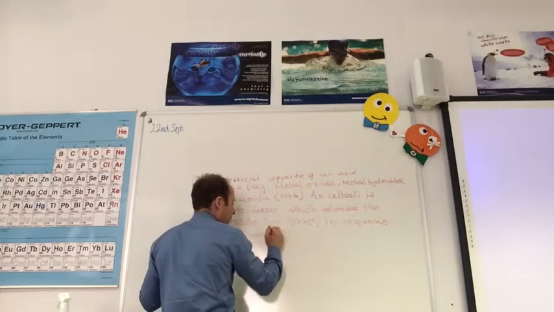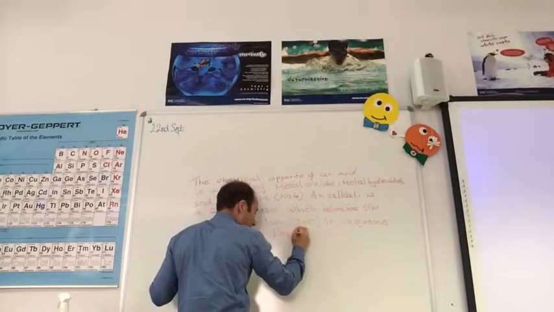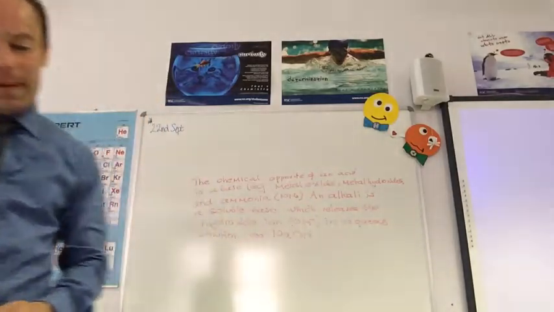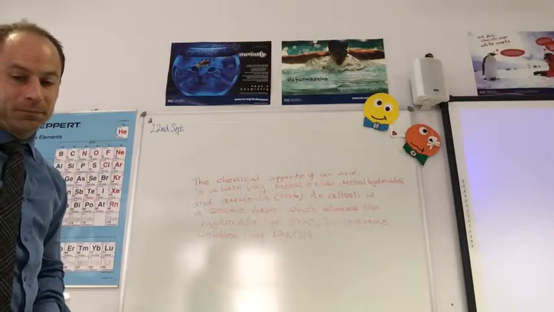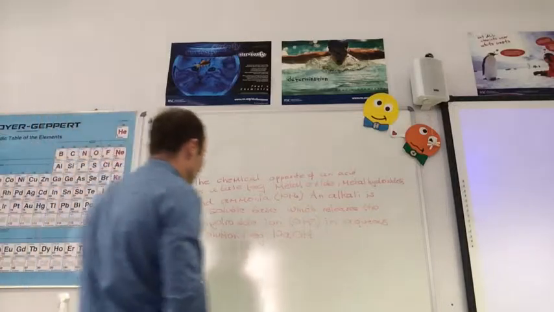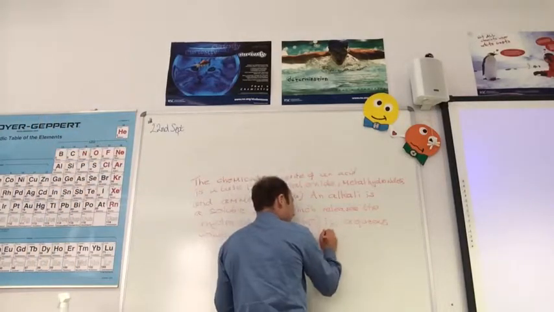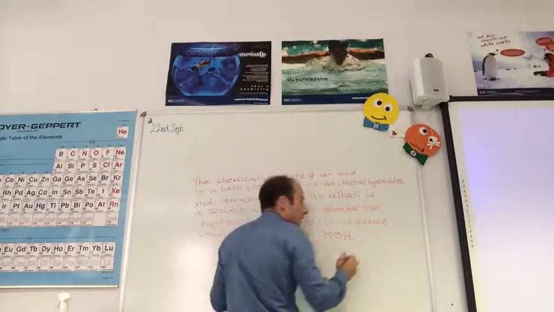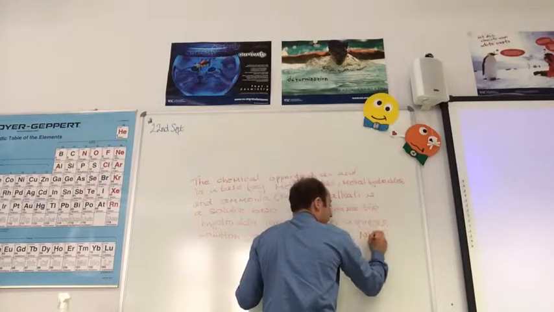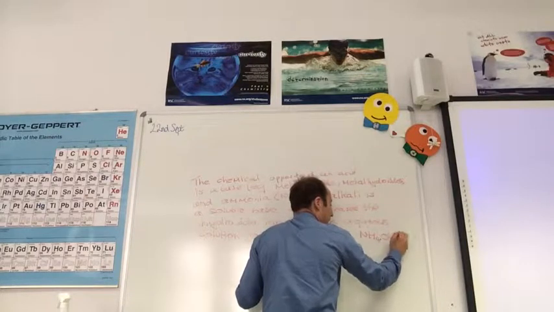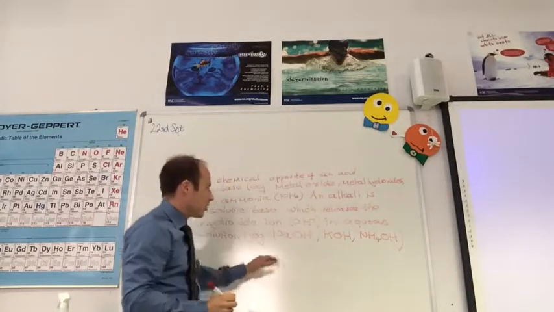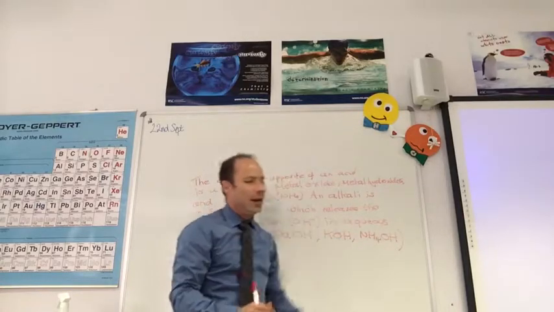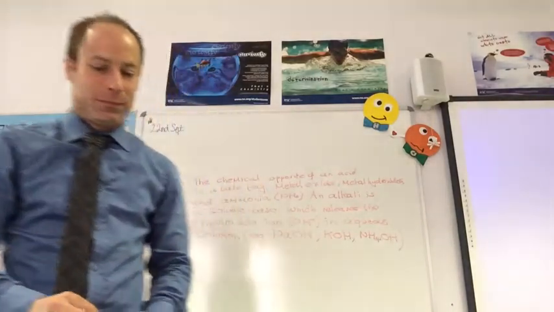And examples of alkalis: sodium hydroxide, also potassium hydroxide, which is KOH, and ammonium hydroxide.